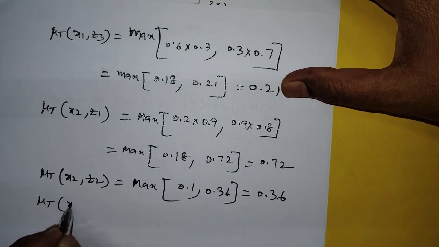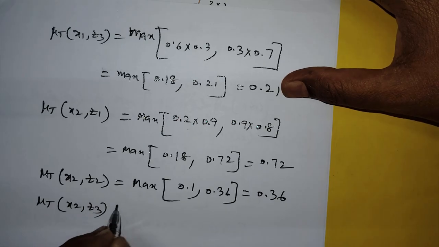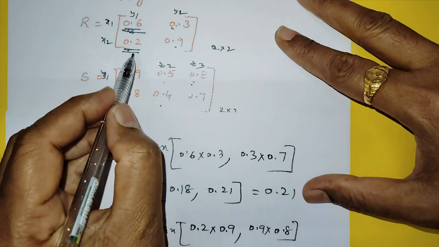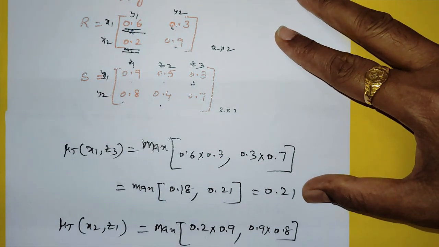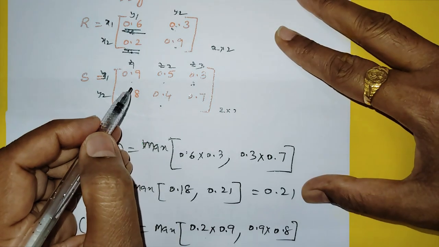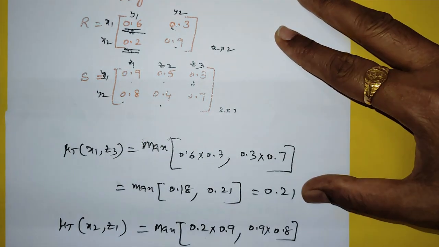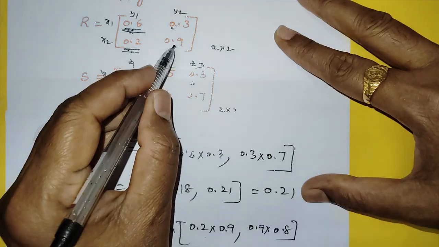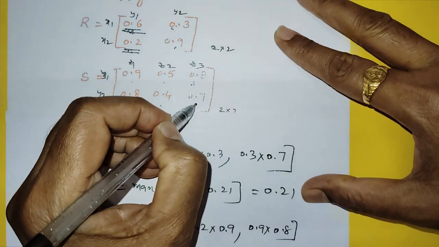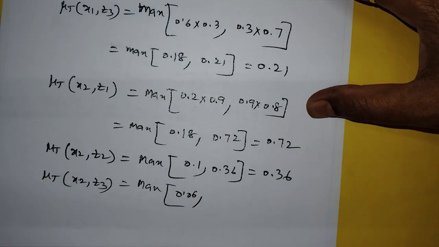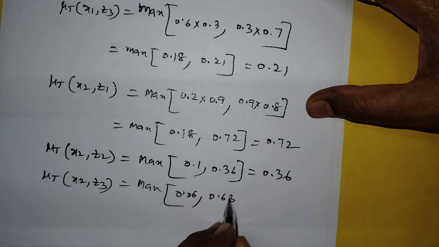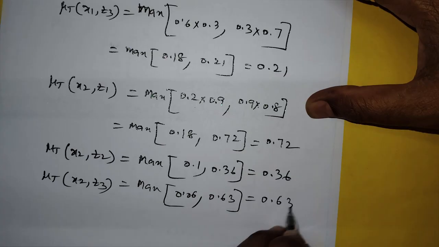Next, mu t of x2 z3 is the maximum of 0.2 into 0.3, that is 0.06, and next 0.9 into 0.7, that is 0.63. What is the maximum here? 0.63.